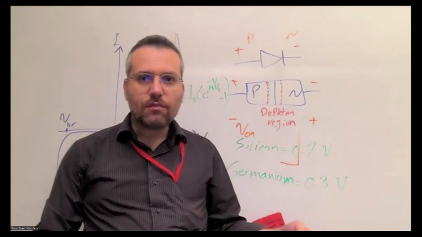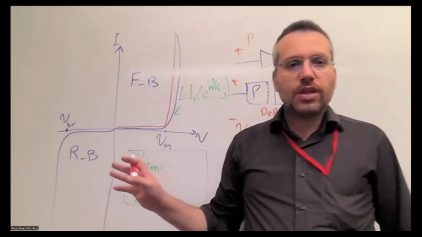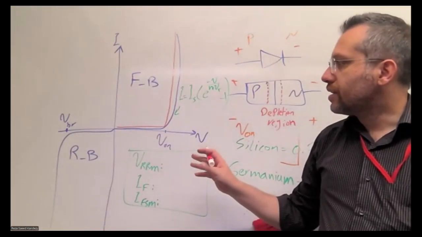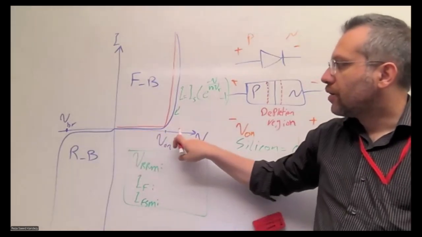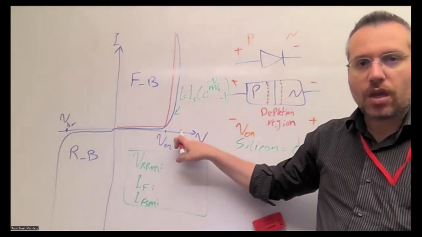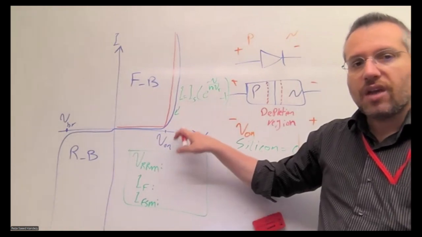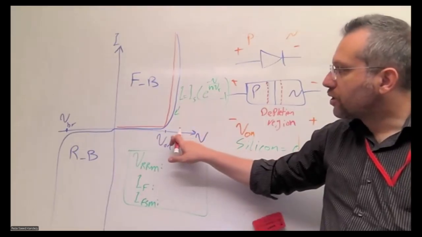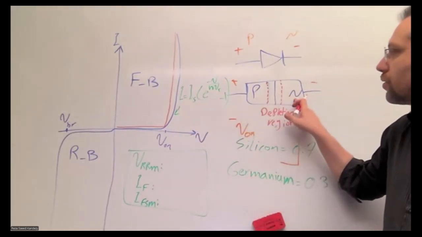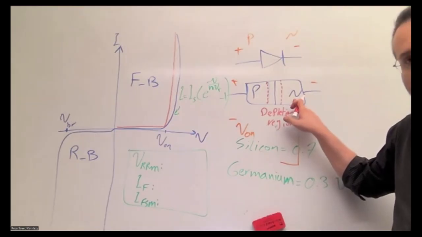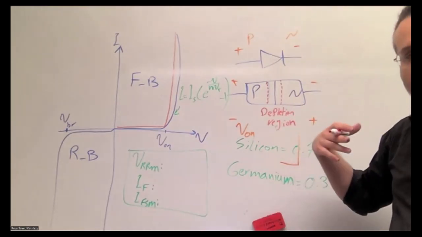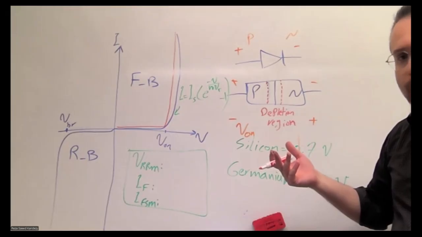Now, basically what this constant drop model says is that once we reach the voltage on, we assume that the voltage across the diode remains constant, no matter how much current we are draining from the circuit.